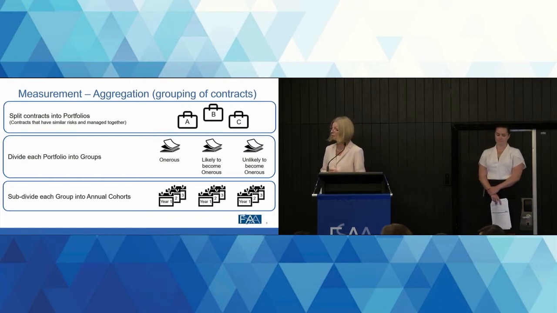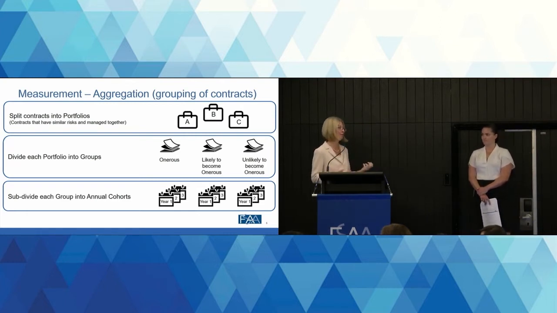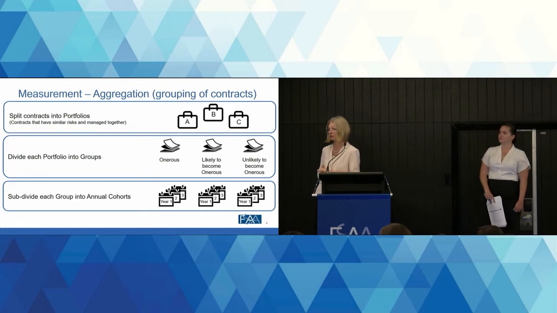So it is the same, and similar to today, it will be up to each entity to work through from their own judgment and their own business models what are similar risks and how are they managed together. But Rhiannon touched on, I think it's fair to say from what we're seeing from practice in the industry, that it's highly likely that the portfolios that each entity decides on will be at a lower level than we do the LAT test today.